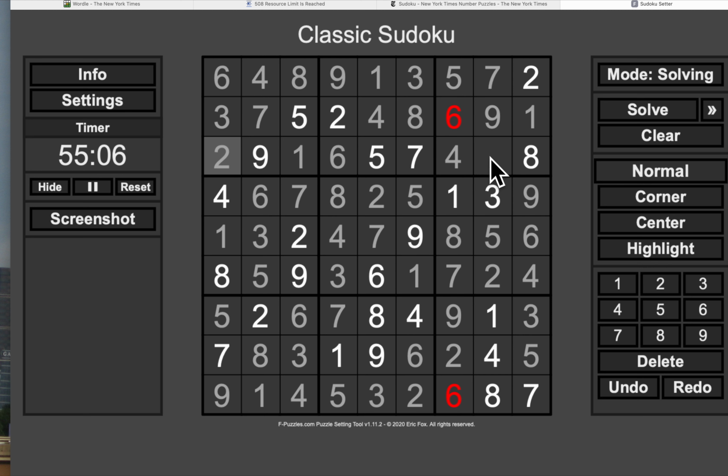Okay, my wife is saying look at row 3, and what's missing in row 3 is a 3. That 3 definitely can't be here because that 3 is a given one. Okay.